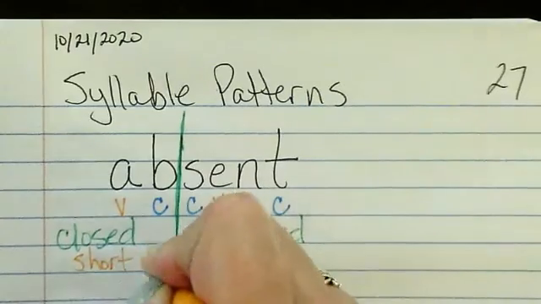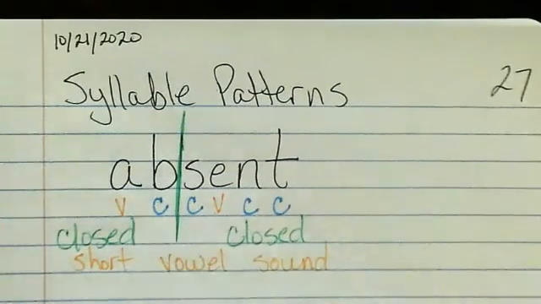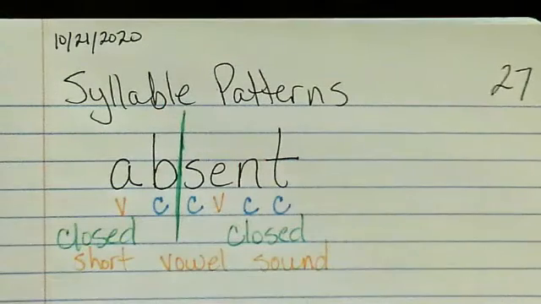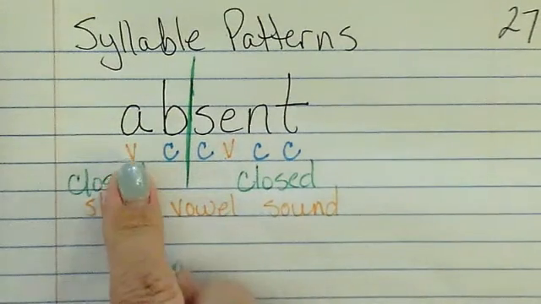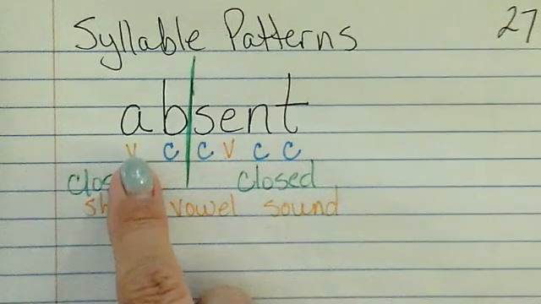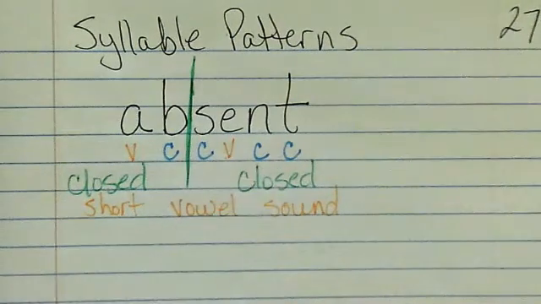So it is a short vowel sound on both sides. Why is it important to know this? Well, sometimes when we're reading, we run into words that we might not know. And we might not be sure if our vowel is a long A or if it's a short A. We might not know if my E is supposed to say its name or if it has the short E sound of eh.